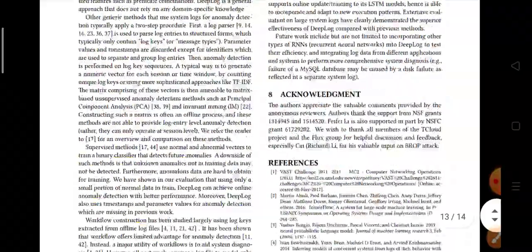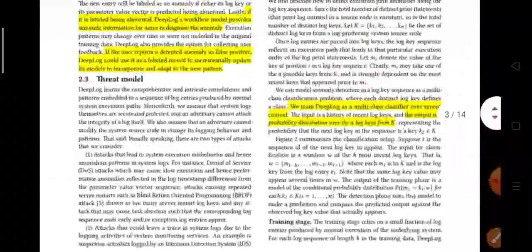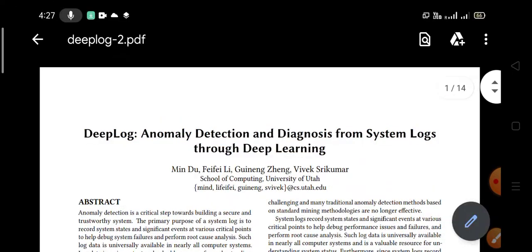Lastly they mentioned the references, a lot of papers. So this is about DeepLog, anomaly detection and diagnosis from system logs through deep learning. The log parser is important. Converting unstructured into structured data is important. That is the log parser. Which log parser you use will vary according to the log file and the character of the log files. Then the LSTM network sequence.